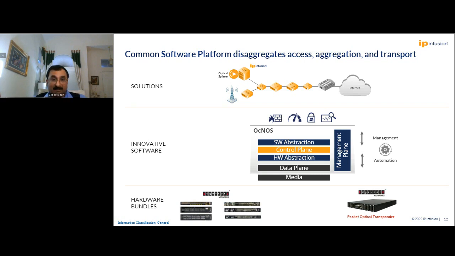So you need a software abstraction for that. That data plane abstraction layer presents a complete hardware abstraction. Irrespective of the type of incoming hardware, that hardware abstraction layer needs to present a common view to the control plane software.